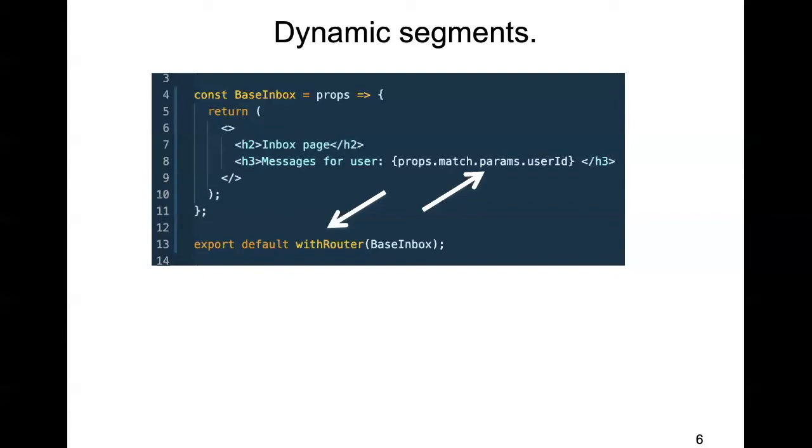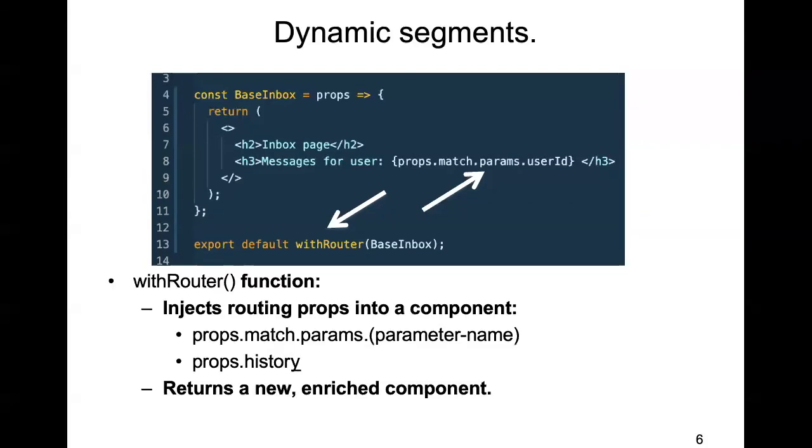What the withRouter function does is return a component, and the component it returns is an enhanced or enriched version of the component that we pass to it. For example, one of the enrichments is that our custom component is going to have access to the match prop that we're referring to there. There are some other routing-related props that withRouter would make available to us as well, one called the history prop, which we will actually use further down the line.